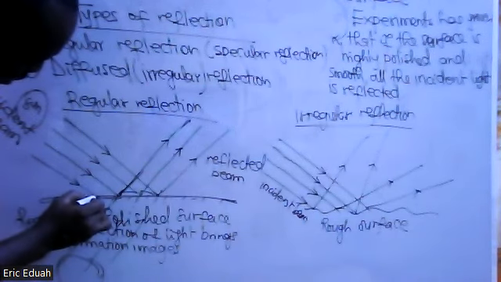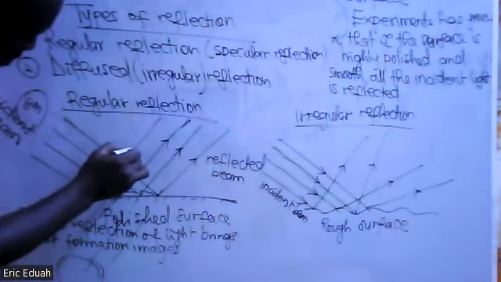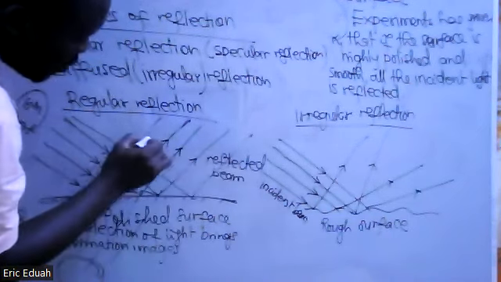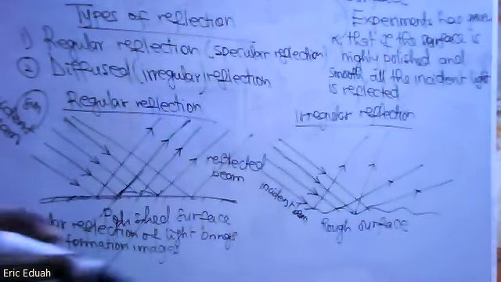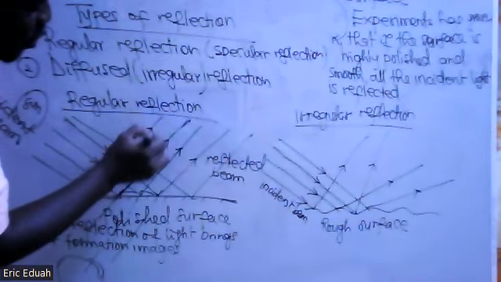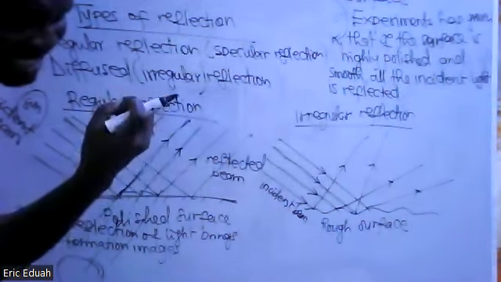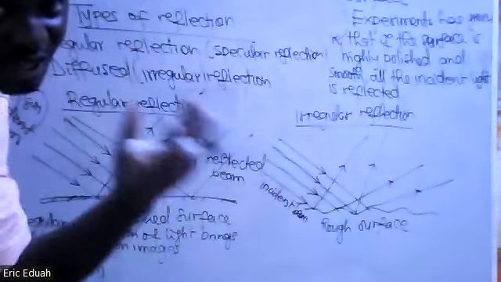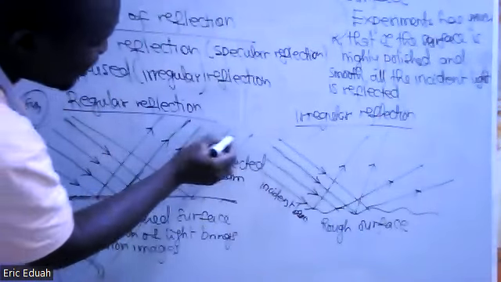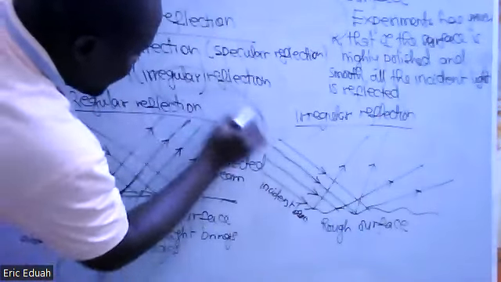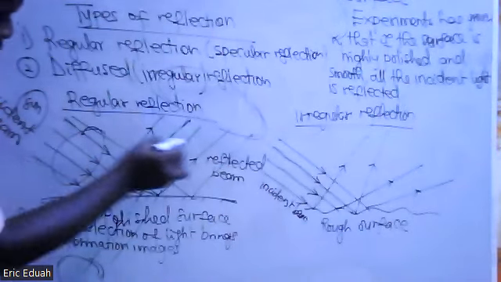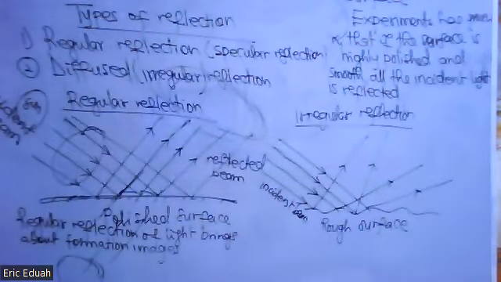What it means is that per this situation, you can only be illuminated, you will receive brightness, when you are within the path of the reflected beam.